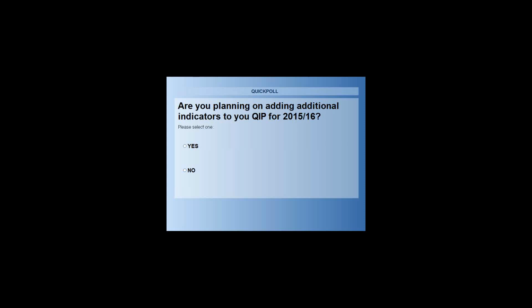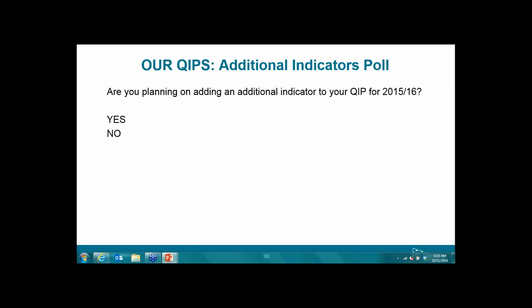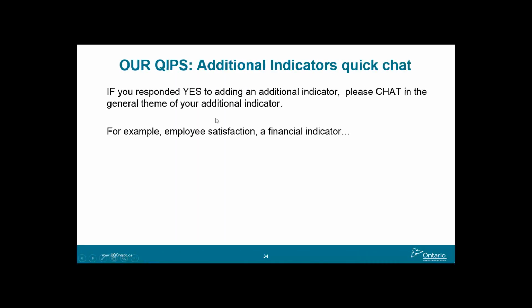Okay, so, not adding an additional indicator for this year. Any comments about why you're not adding an additional indicator? If you have a chance to just put that in the chat, that might be helpful. Sorry, I'm just trying to switch screens. There we go.